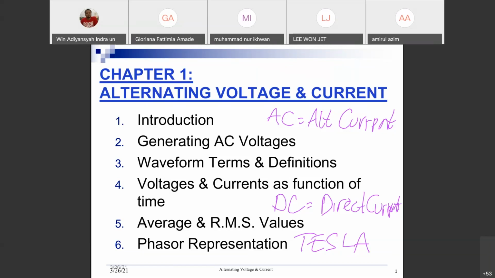Do you mean the Elon Musk car? Yes, correct. Actually, Tesla's CEO, Elon Musk, is a big fan of this guy named Nikola Tesla.